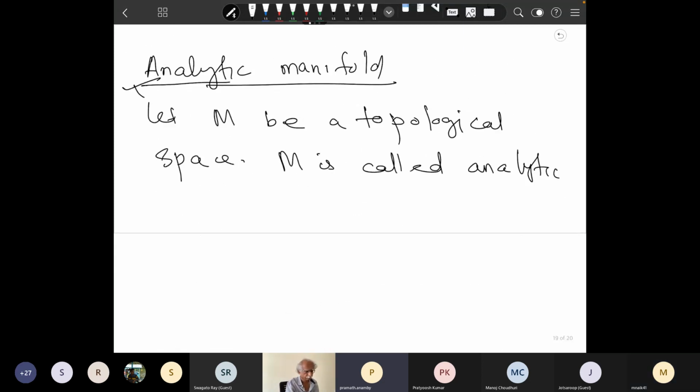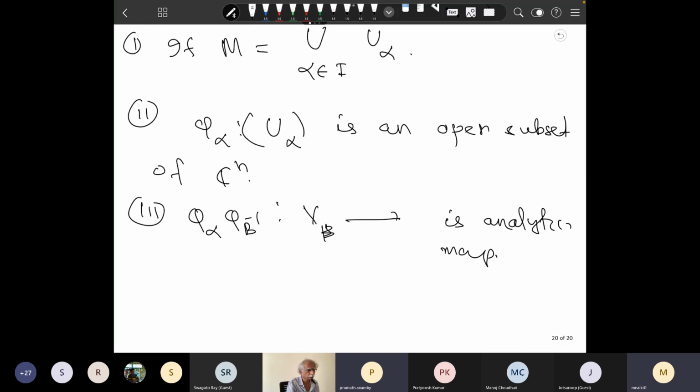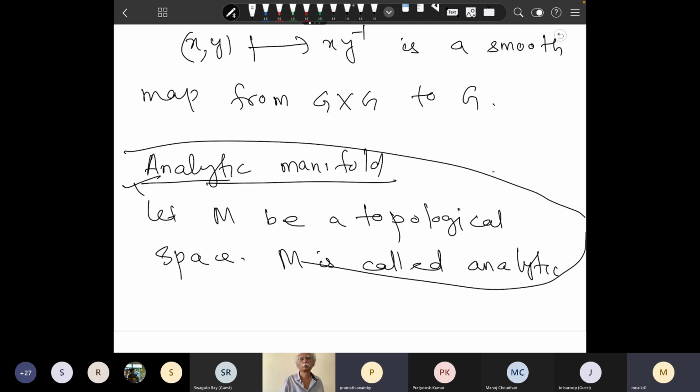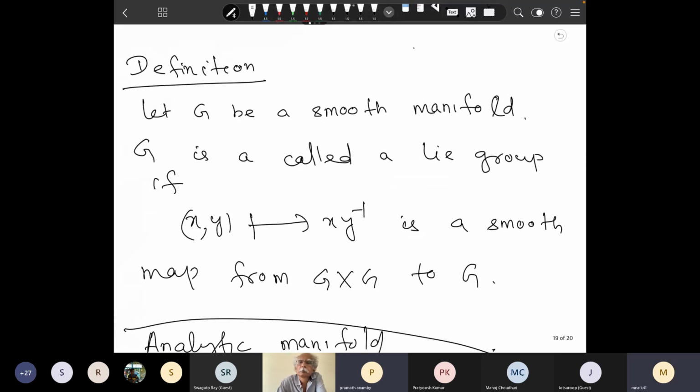I would have written this definition of analytic manifold precisely, but I hope you understand. Otherwise, next class you ask me the definition of analytic. So let us not worry about this analytic manifold.